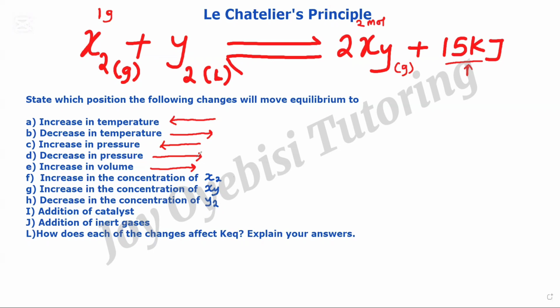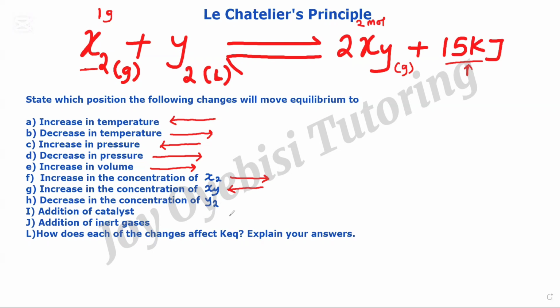Increase in the concentration of X2: when you increase one or two of the reactants, equilibrium tends to move towards the product. So if we increase X2, equilibrium will move to the right. When we increase XY, which is the product, equilibrium is going to move towards the reactant.